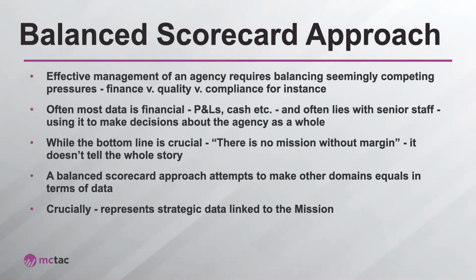So what a balanced scorecard approach attempts to do is make other domains, other data elements, as important as the ones that are readily available. So we'll be talking about data that has to do with the people we serve, with outcomes, with quality. And the matrix that we're going to be looking at, and will be explaining in detail, tries to create an environment where all that data is available and equally useful, so that we begin to make decisions not just on one set of data, but in a balanced way across the agency.